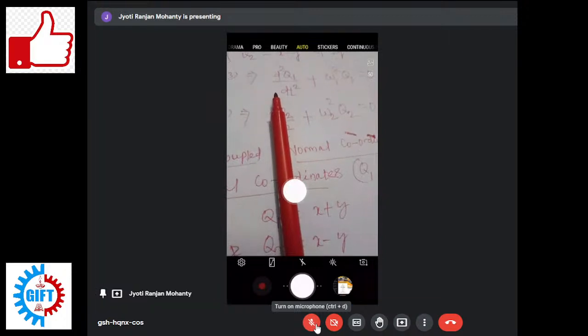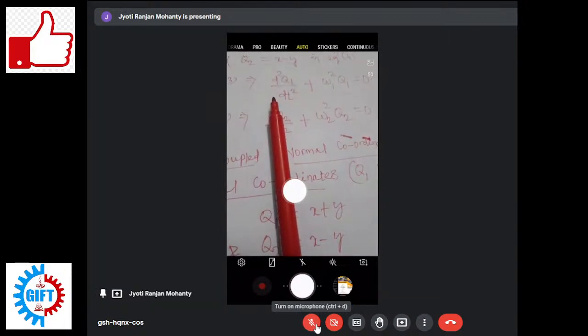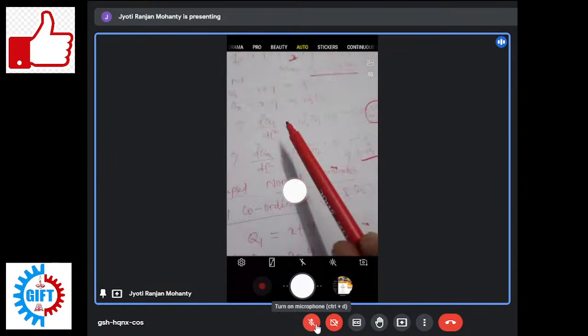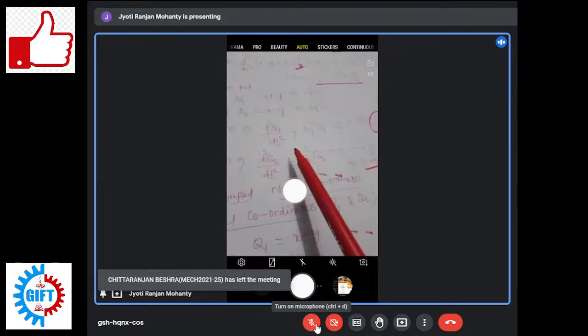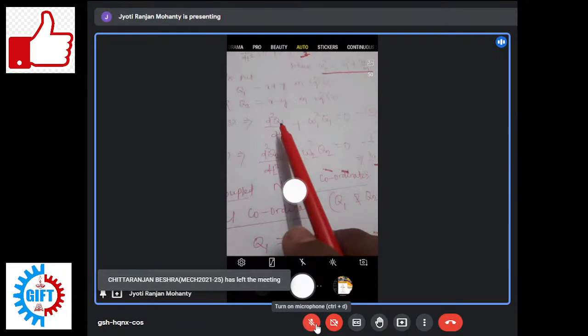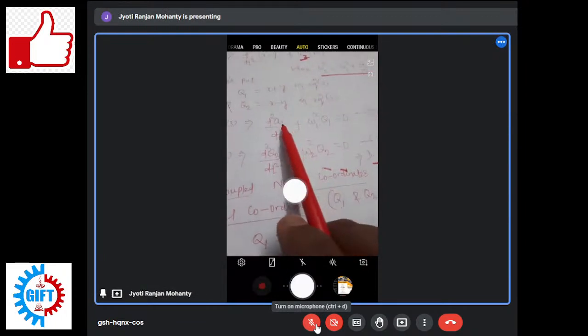Equation 5 and equation 6 in terms of new coordinates q1 and q2, which are known as normal coordinates, are decoupled and each equation describes a simple harmonic type. So that means equation 5 and equation 6 are decoupled. Decoupled means consisting of a single variable, and equation 5 is a simple harmonic type.